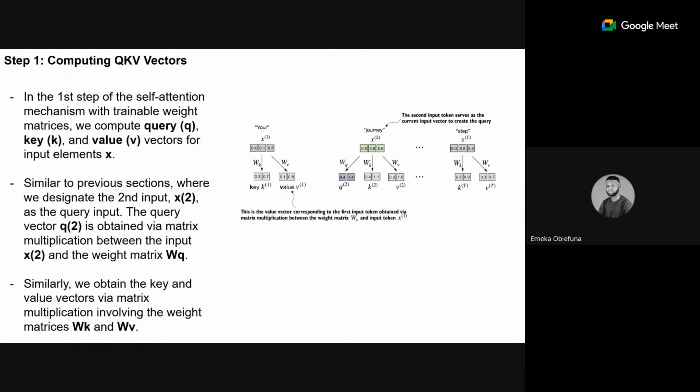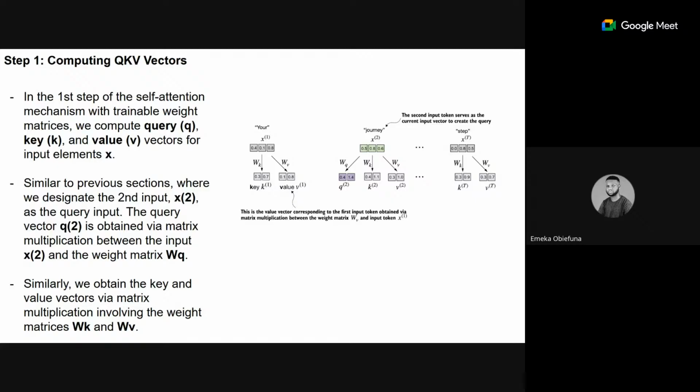So how then do we compute our QKV vectors? We first try to understand this picture, which I explained in the last slide. We have three weight matrices: the first corresponds to the query, the second to the key, and the third to the value. To obtain the values, we still perform the normal matrix multiplication that we introduced before.